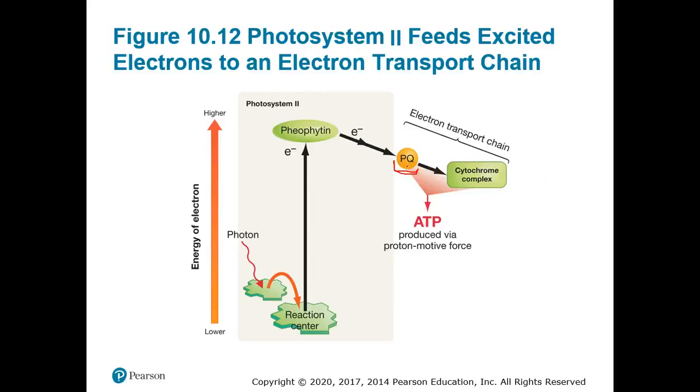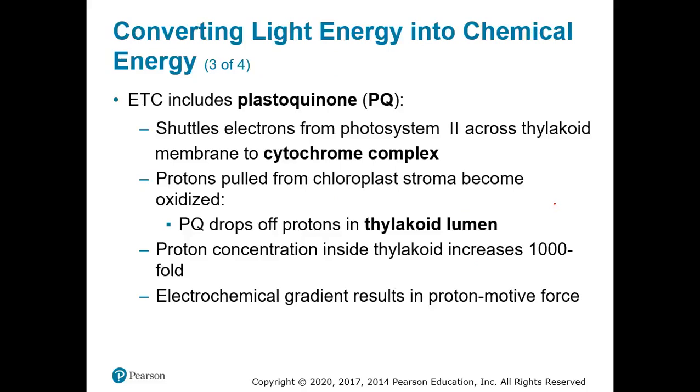And it's PQ here instead of Q because we're talking about photosynthesis. So this is technically plastoquinone, a little different from our cellular respiration electron transport chain. But as that electron is passed to each player of that game of hot potato, ATP is going to be made through proton motive force, spinning of ATP synthase.